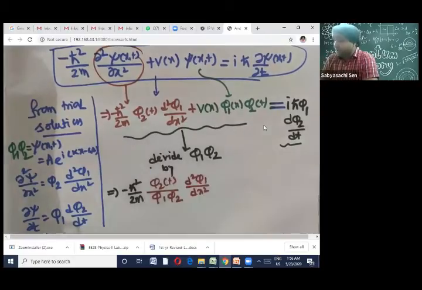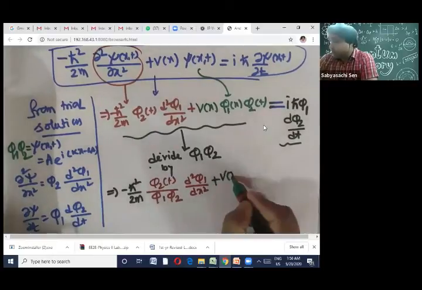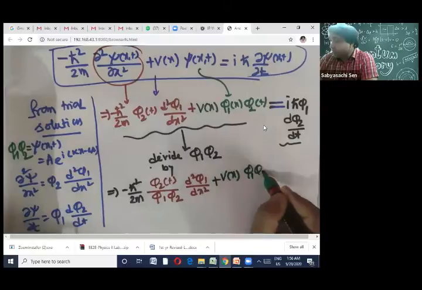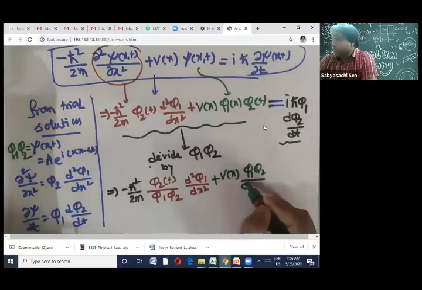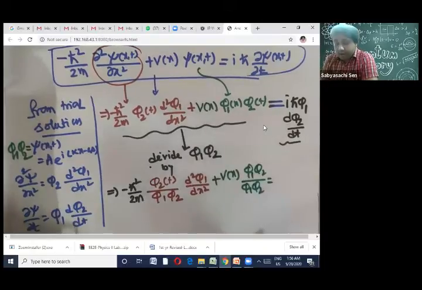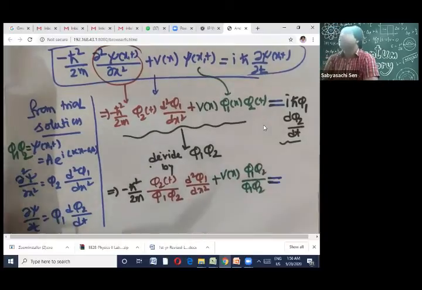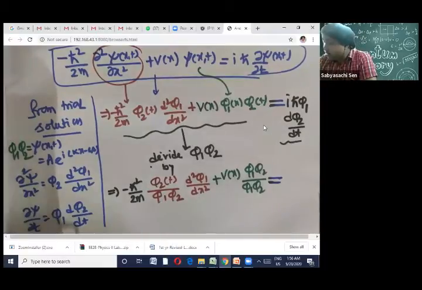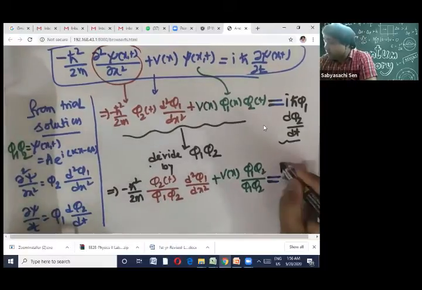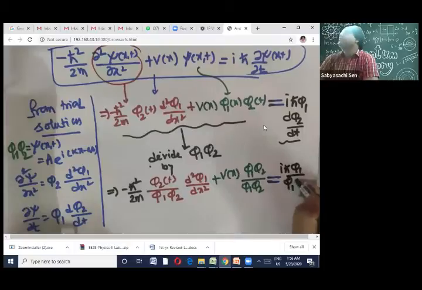Next, it will be in green. And blue arrow, where is the blue? Blue equal sign, sorry, followed by this: i h cut phi 1 divided by phi 1, phi 2.